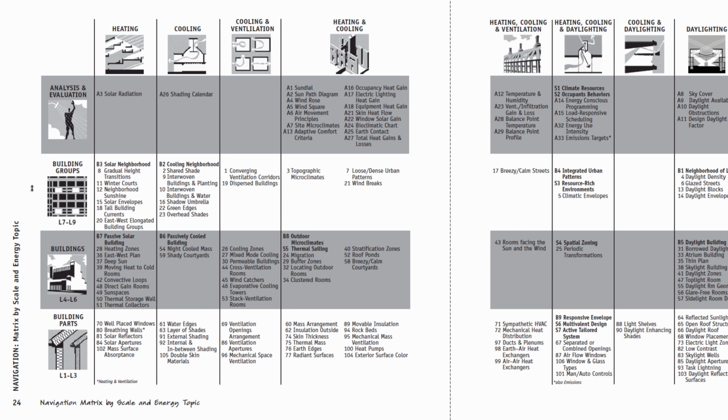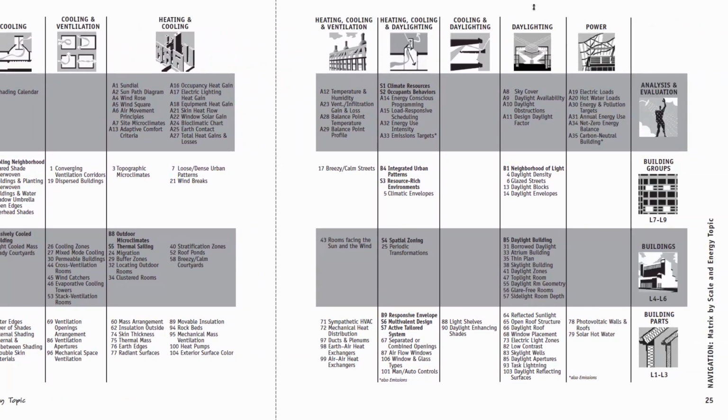Then we have the strategies, building groups, buildings, and building parts. And you can see each one of those scales has 3 different levels of complexity. And then across the top, we have different topics. So does that strategy deal only with heating, only with cooling, or with some combination like cooling and ventilation, heating and cooling, and so on?